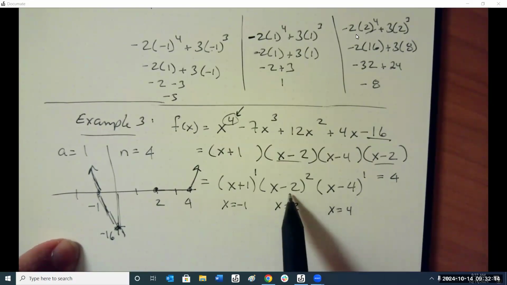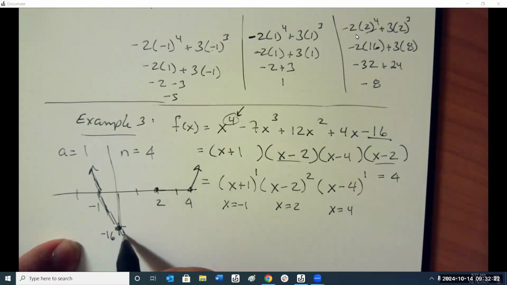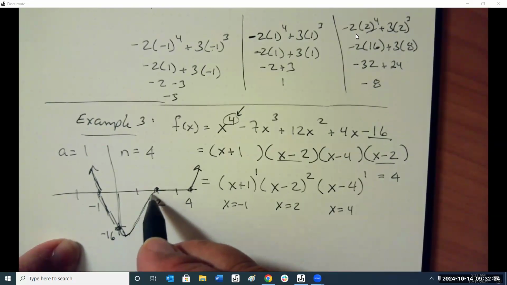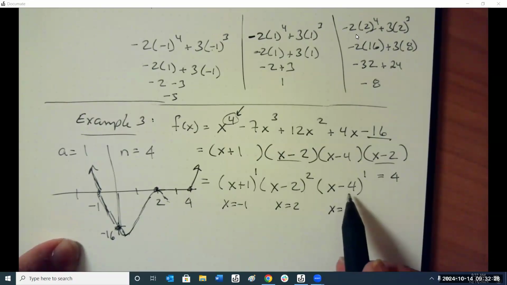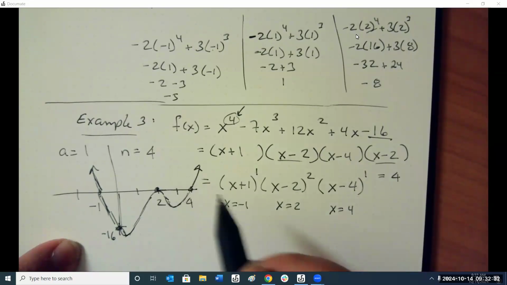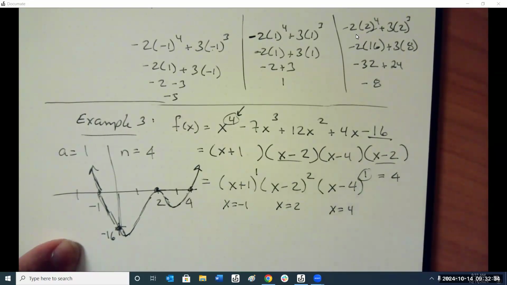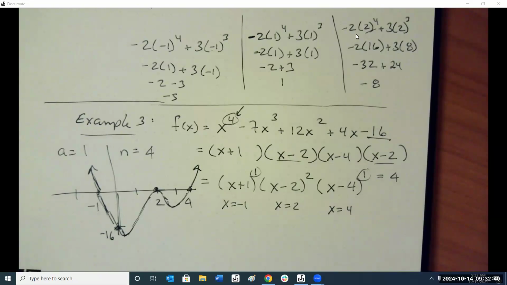What's it going to do at 2? That one is even, so it will bounce. So it comes up here and bounces. And at +4, it's an odd multiplicity, so it crosses. So that's what the graph's going to look like.